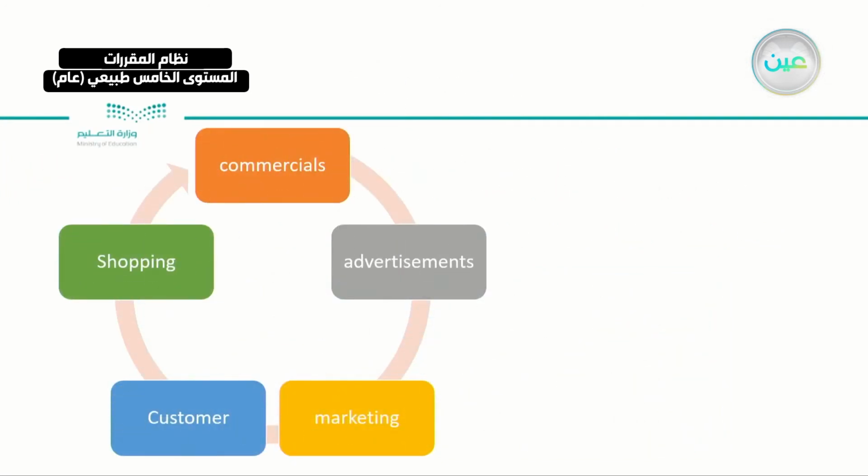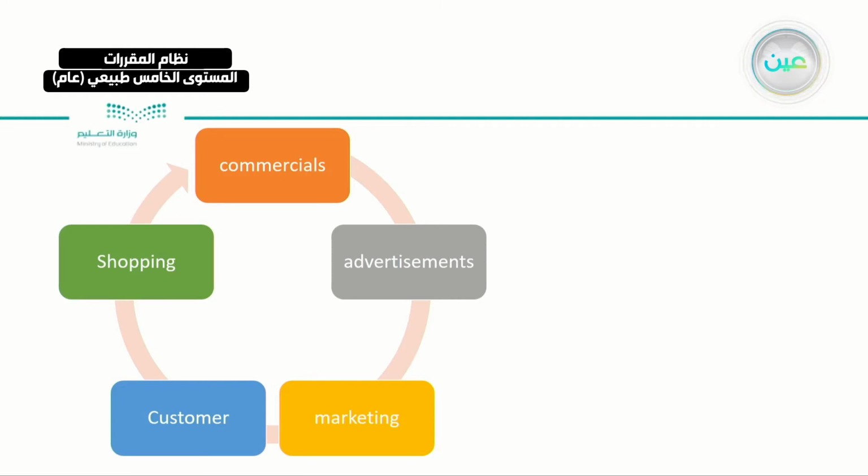Now, since we are talking about commercials, let's just relate a little bit. Commercials are a kind or a way to advertise. Advertisements here, they are used for marketing. Now, what is the meaning of marketing? It means some people, factories, that are selling things to other people.